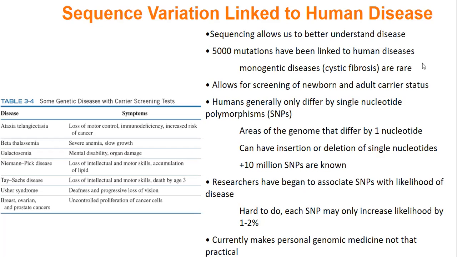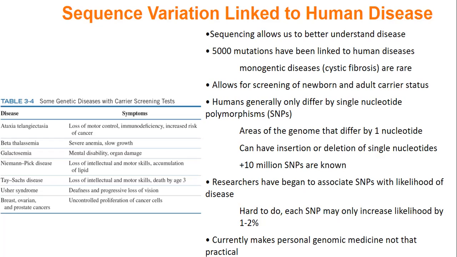And we have found some, like cystic fibrosis, where you have a mutation in one gene that causes this disease. However, that's actually very rare. Diseases are usually many different genes that are being mutated. So it's very hard to pinpoint that this mutation will lead to this disease. There are some cases where that happens, but it's rare. And for those cases where it does happen, it allows us to screen newborns and adults to see if you're a carrier for this disease or you're predisposed for this disease.